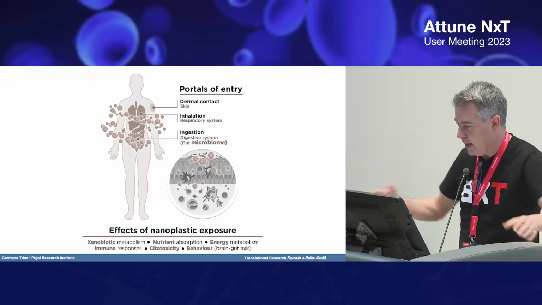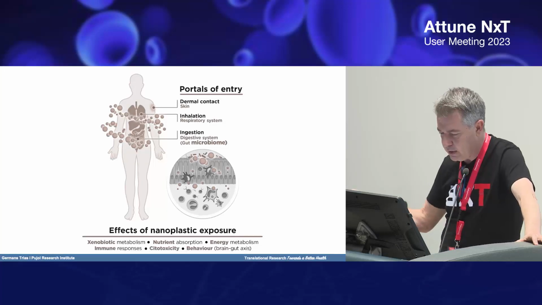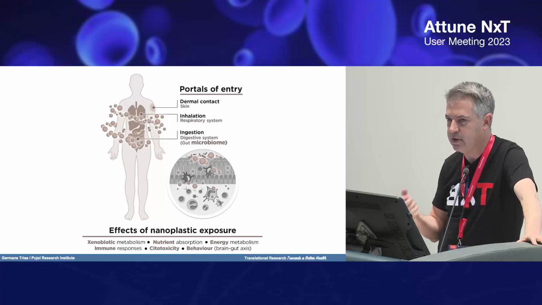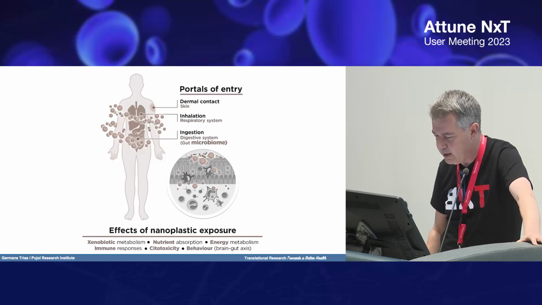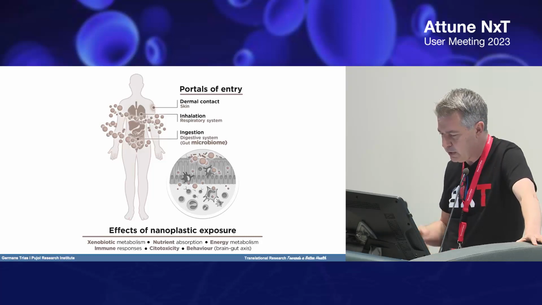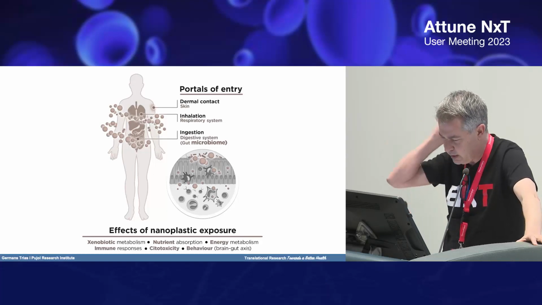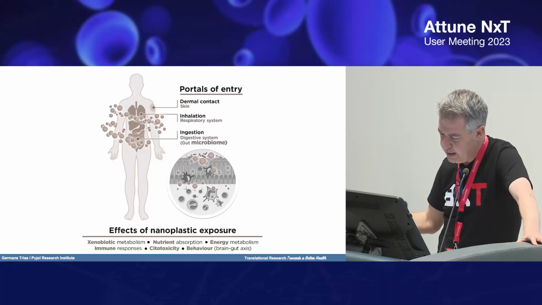And the main important topic is how this nanoplastic exposure can affect our metabolism. The problem with plastics is that not all are toxic, but they can attach very toxic molecules, and this can modify our metabolism. This can also be related to the absorption of nutrients, the energy metabolism, and, of course, the immune response, as you will see later.